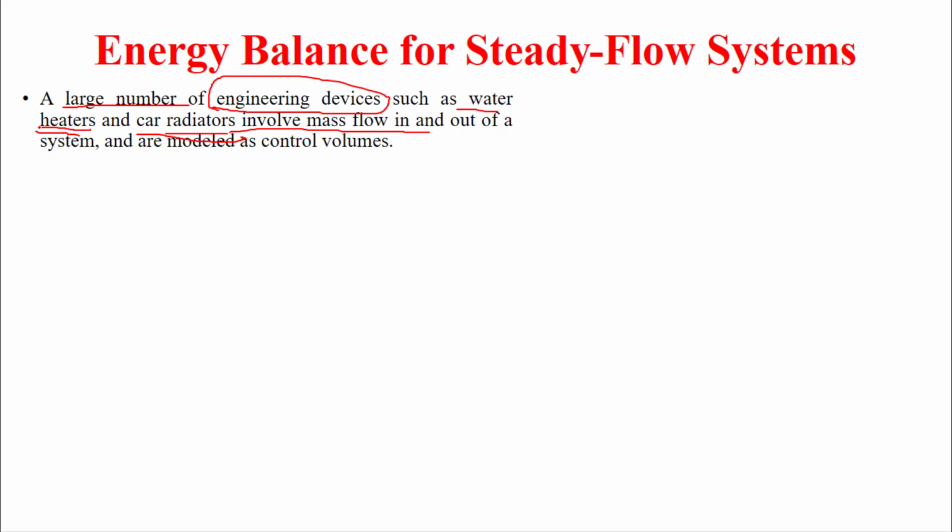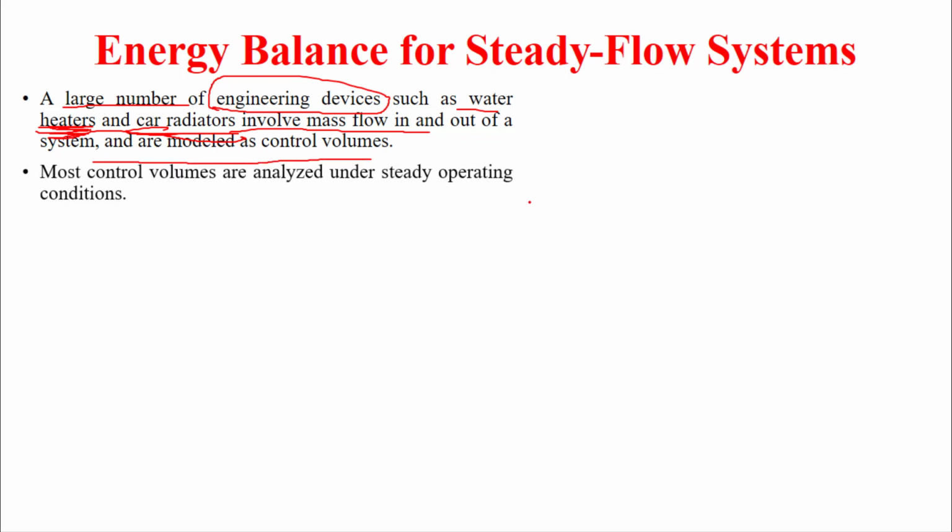Those are applications where we have flow, heat, and thermodynamics, so we have three parts, and they are modeled as control volumes. Why do we set a control volume? Because inside the boundary, the control surface, we have mass in and mass out. Inside it, the volume is controlled, not the mass, because this is an open system.